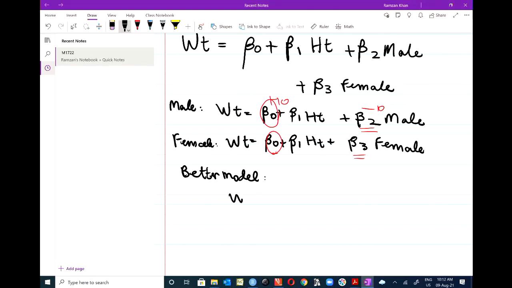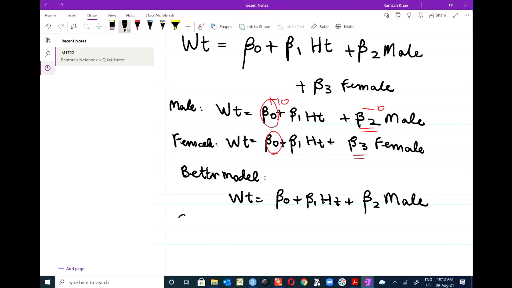weight equals beta naught as my intercept plus beta 1 times height. And by default, R will pick the reference from the categorical variable's levels in alphabetical order. So with male, female, it will take female as a reference and put male in the model by default.